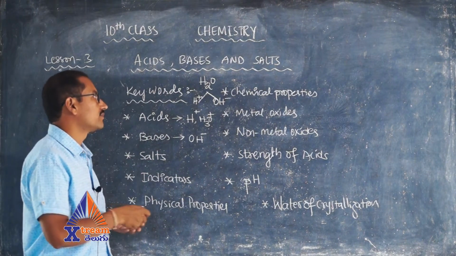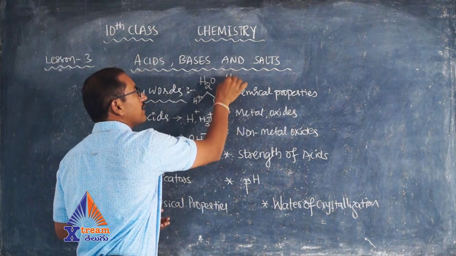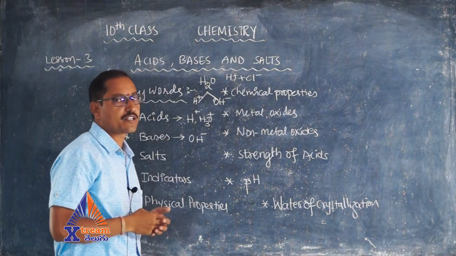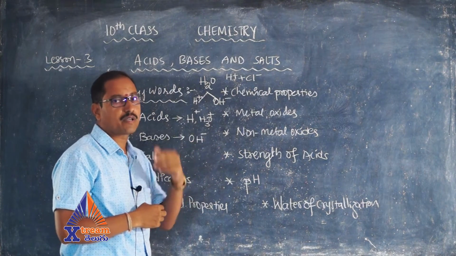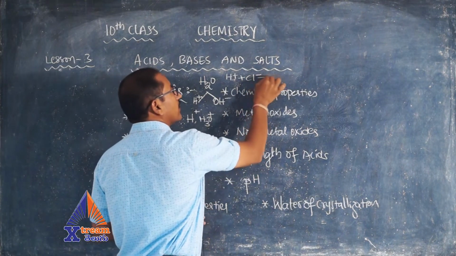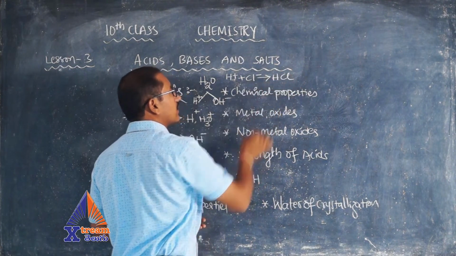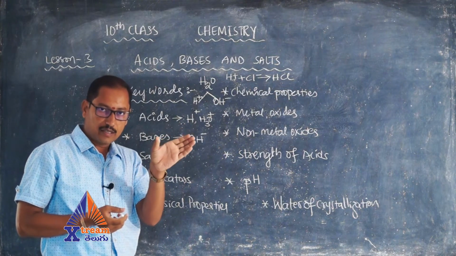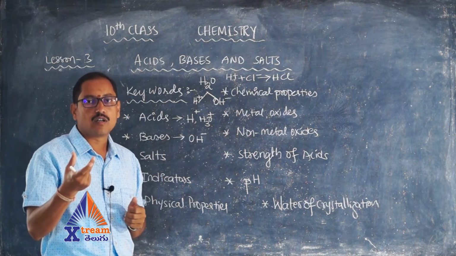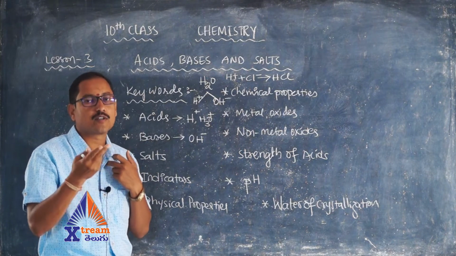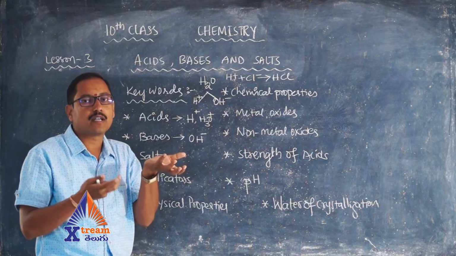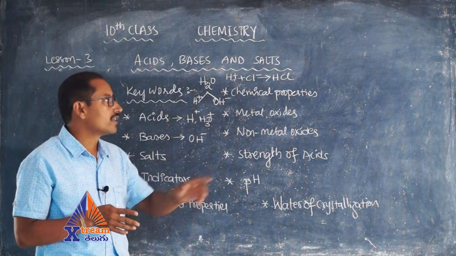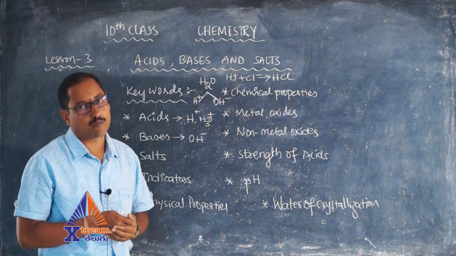For example, if this H+ ion is coming into combination with Cl-, that is chlorine ion, then it becomes HCl, that is hydrochloric acid. Means one H+ ion and one non-metal. Cl, chlorine, is a non-metal. One H+ ion and one non-metal ion, when they are coming towards each other, then we get acids to be formed.